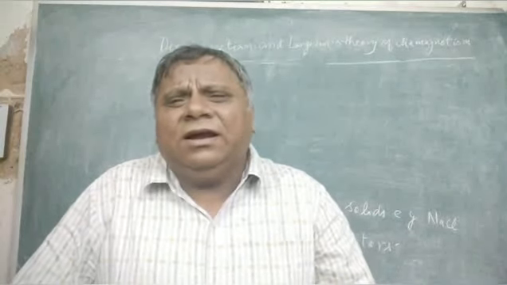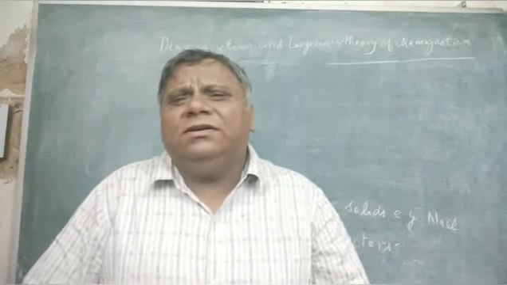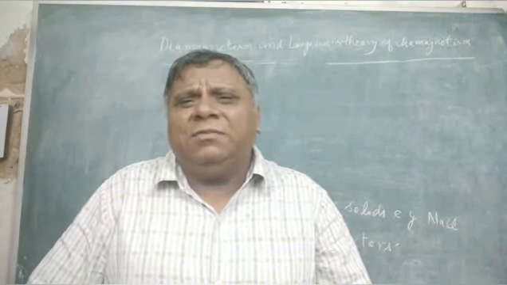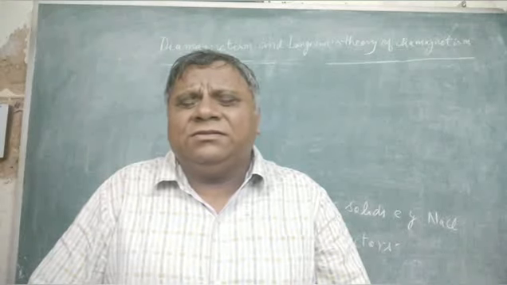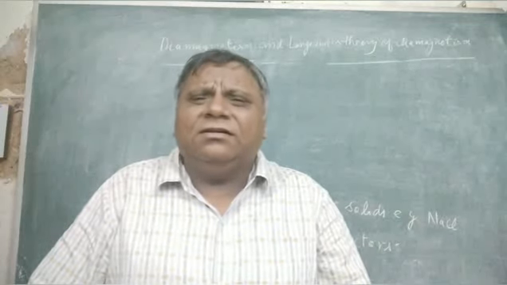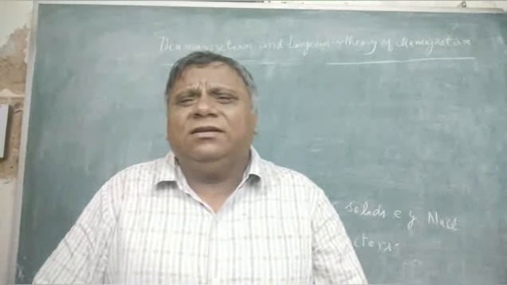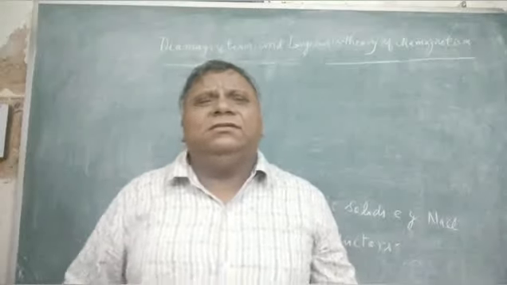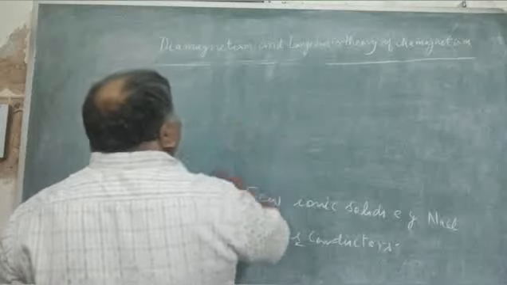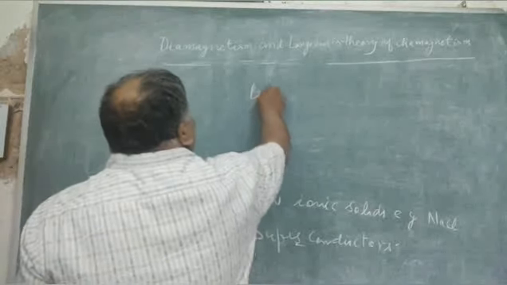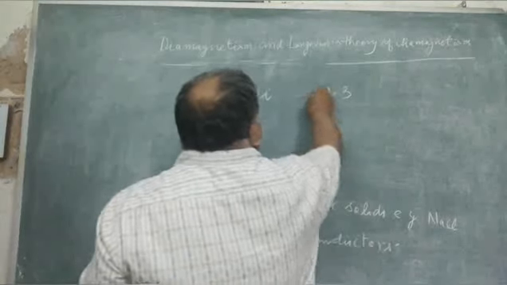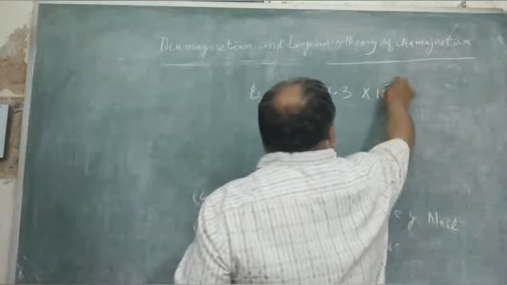To have an idea of the magnitude of susceptibility of diamagnetic materials, allow me to write a few examples. Susceptibility of this one is negative 1.3 times 10 to the power minus 5.